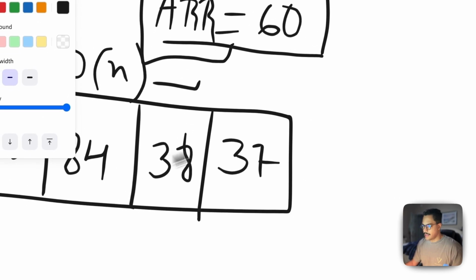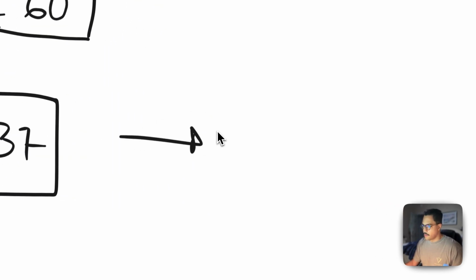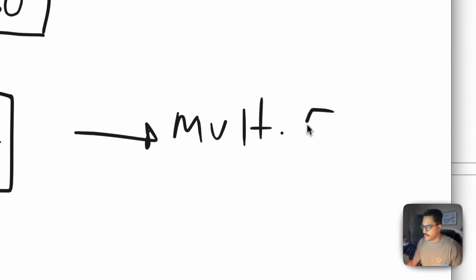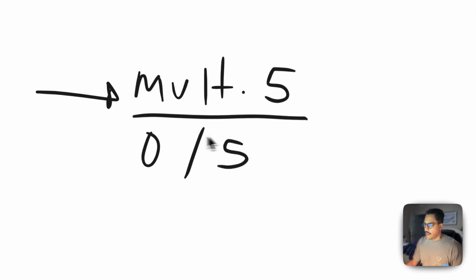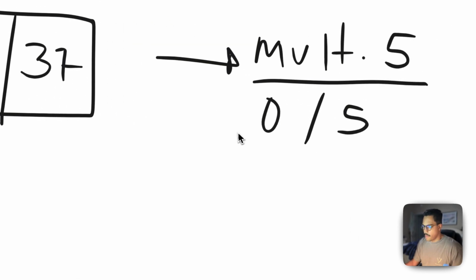I already mentioned that multiples of 5 always end in 0 or 5. So we know that's true for every value.